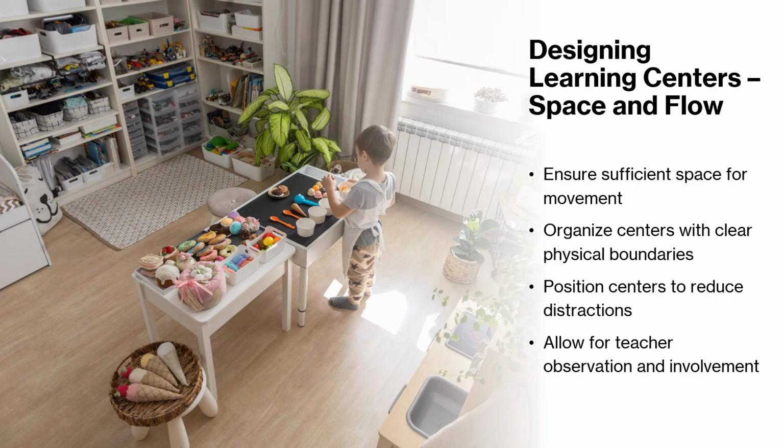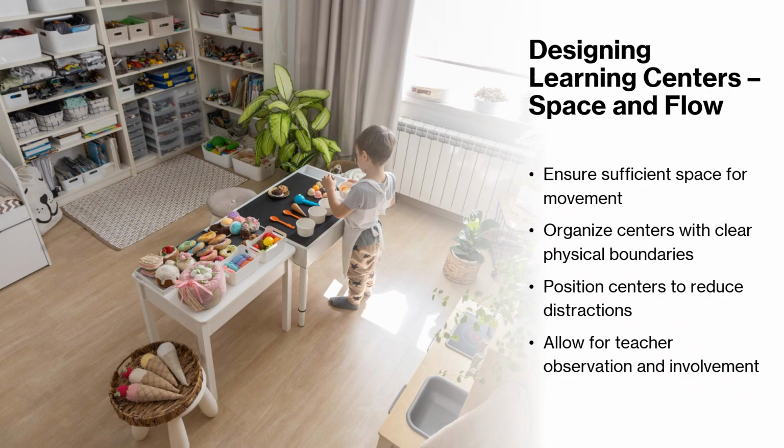When designing learning centers, space is a critical factor. Children need enough room to move freely between centers without bumping into one another. Centers should have clear physical boundaries such as rugs, shelves, or furniture arrangements to help children understand where one area ends and another one begins. This helps children in focus and organization.